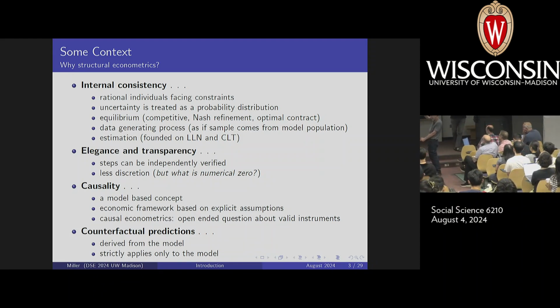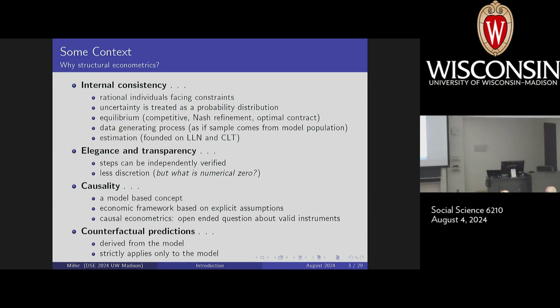So that is a contrast to what's sometimes called causal econometrics, in which it's a fairly open-ended question as to what are valid instruments. Is it causal or, oh, wait a minute, isn't there something out there? Where it's sort of open exploratory.